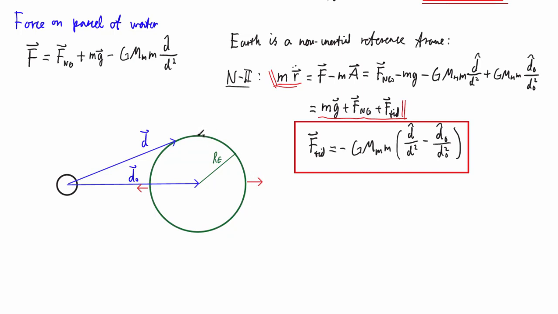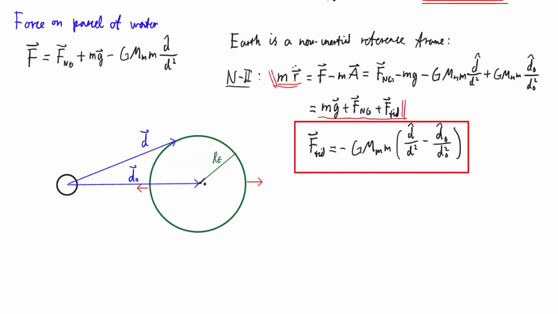If you're at this point, which is 90 degrees away from the moon, well, at that point, d and d naught are about the same size. So you get then a force that's acting in the direction of d naught minus d.